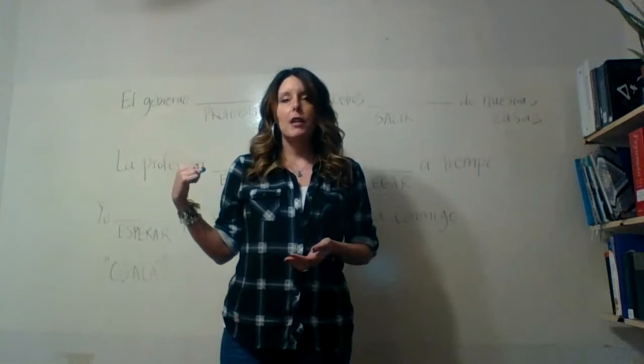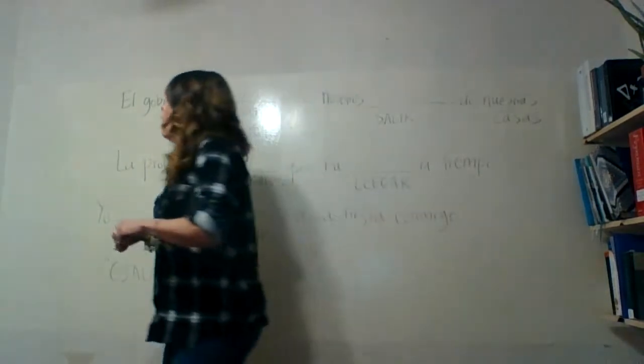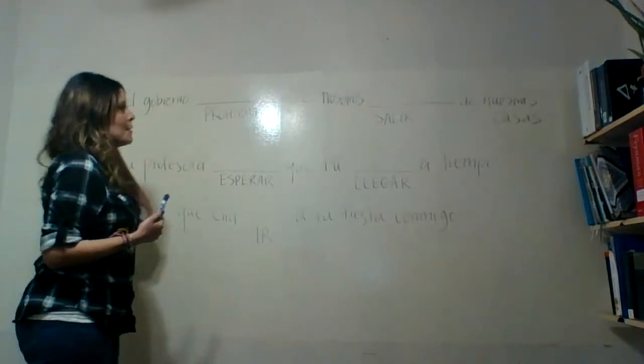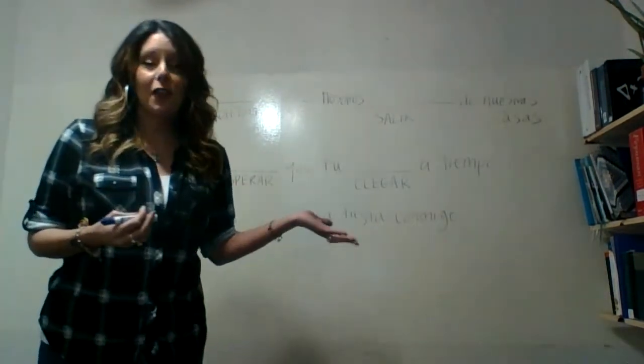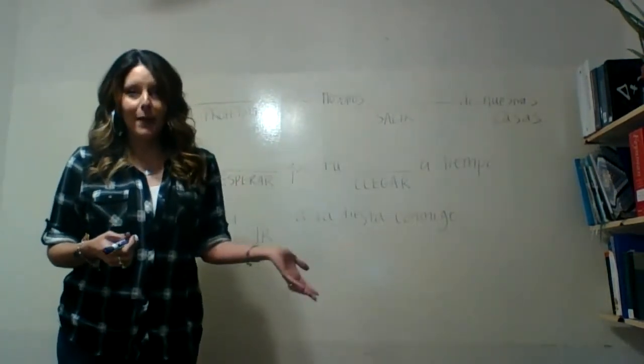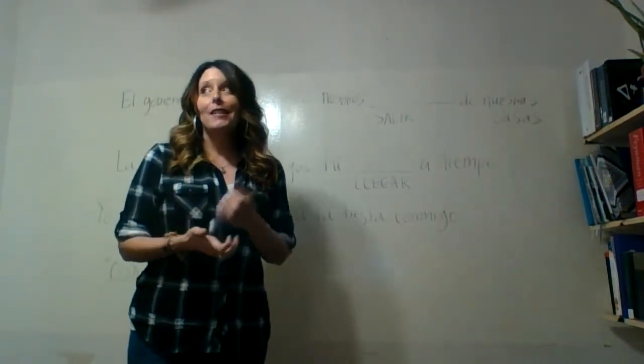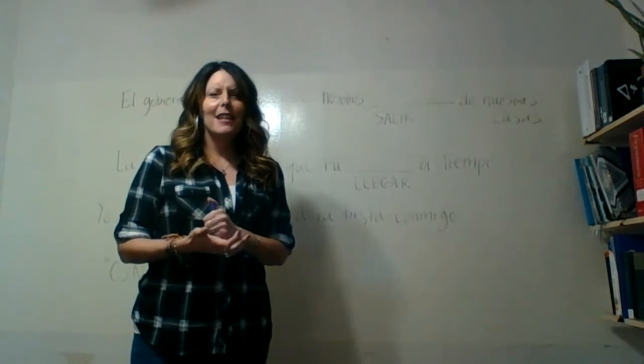We're still following that structure right here. I thought this was an appropriate sentence for right now because this is called COVID-19. Is the coronavirus, and we're kind of sort of quarantined-ish.